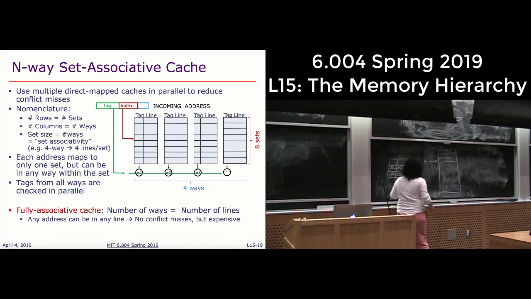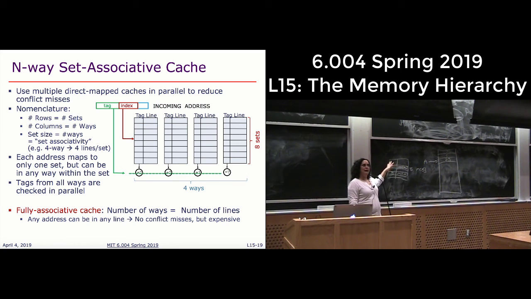So let's say I have two data elements, one from location A with data M of A, and another from location B with data M of B, and they both map to the same line. If I'm accessing A and then B and then A and then B, I'm constantly going to be getting misses.